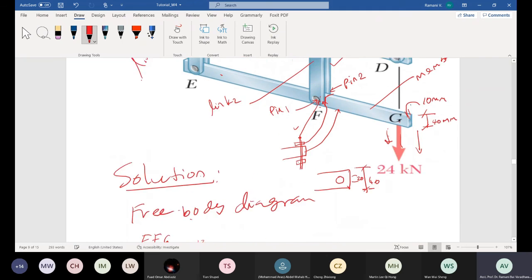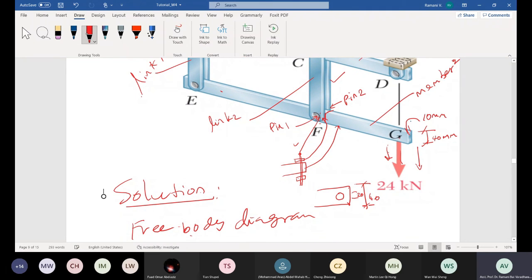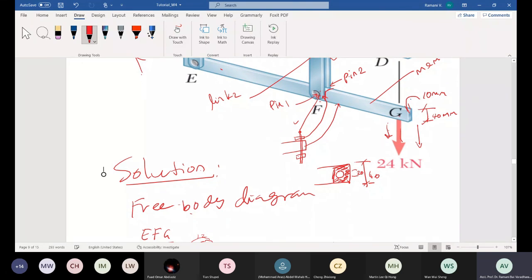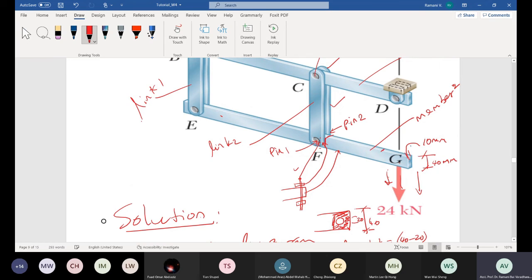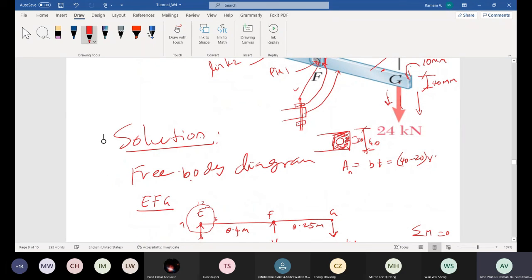Hence, the net portion which is in action, which can be extended, will be this portion, right? So I write it like this: the area which is in action for this force, the net area, will be B into T, where 40 minus 20 is my B, right? And the thickness is in mm.